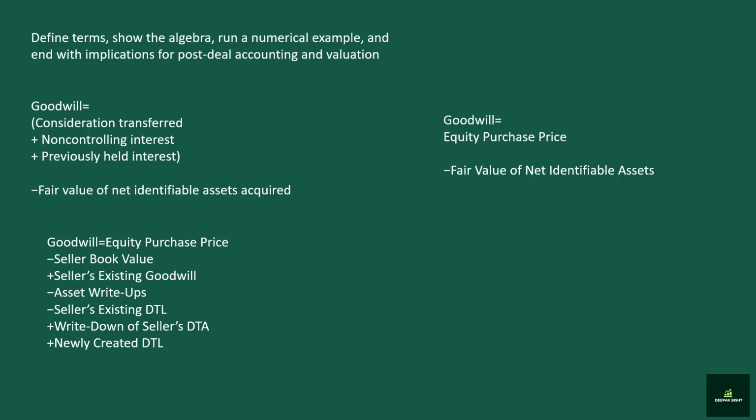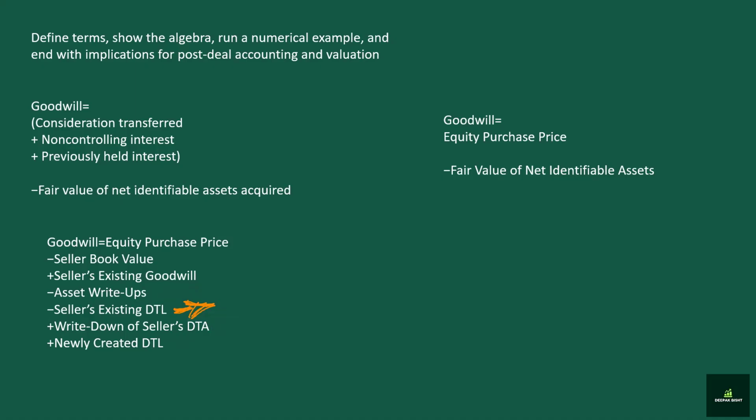If the seller does have existing deferred tax liabilities, then we will not include them, because goodwill doesn't have any long-term impact. This doesn't help us, so we need to expense it out in the goodwill section.